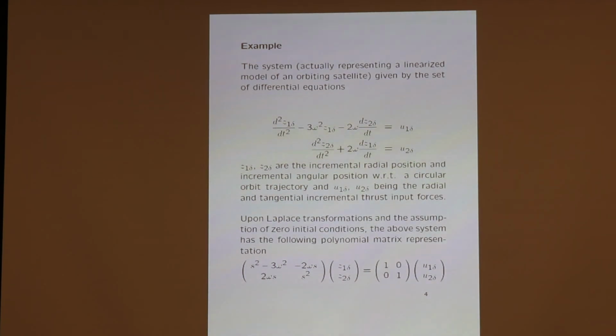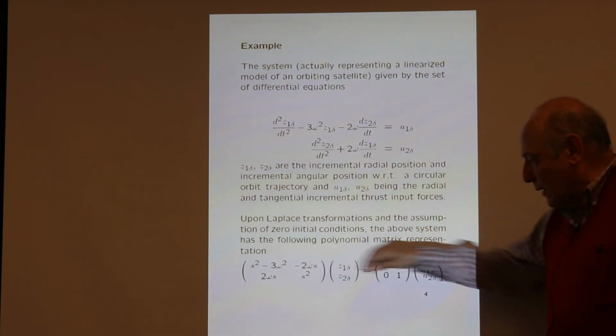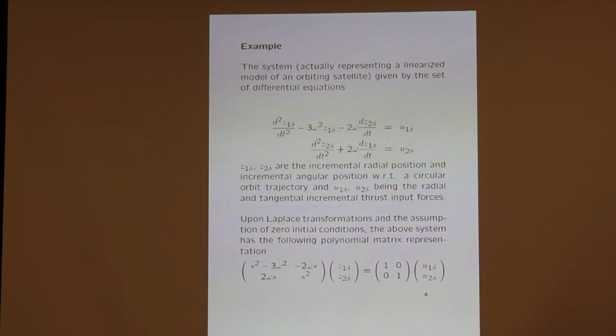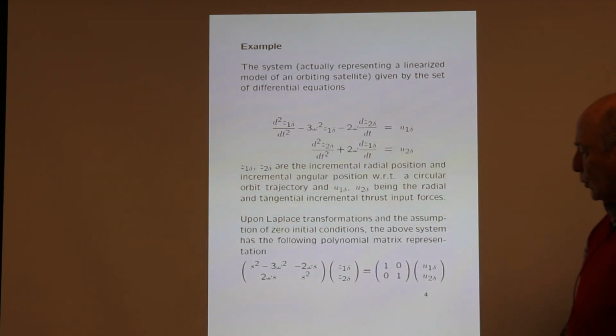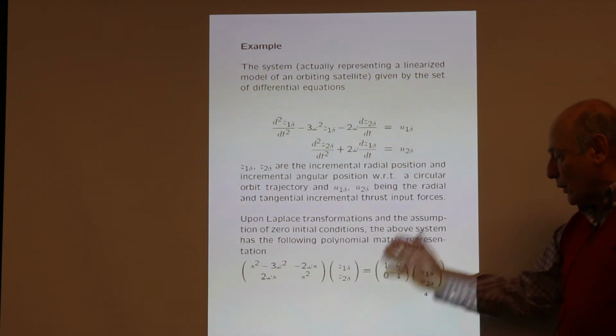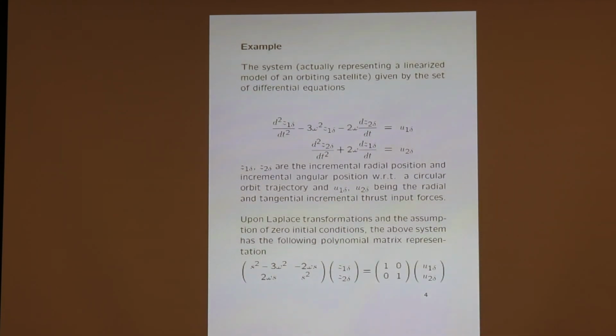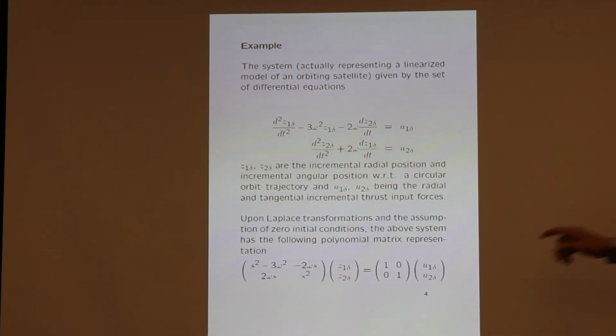So that system is evidently in the polynomial matrix representation. And of course we can take the inverse of this and bring it to a 2x2 system with 4 transfer functions describing the system.